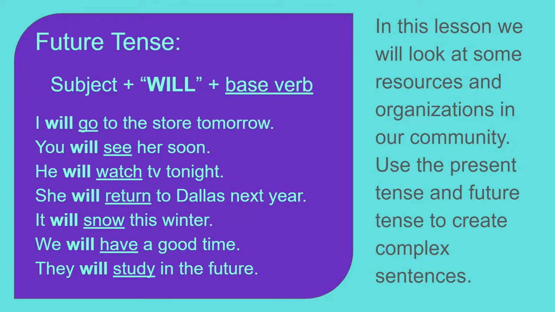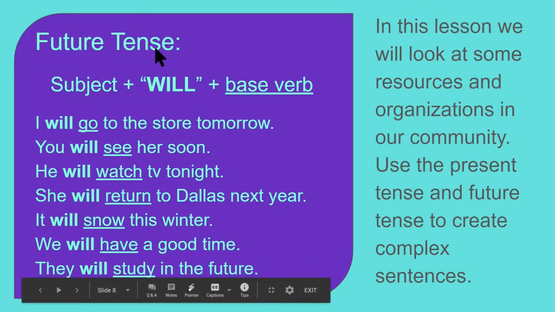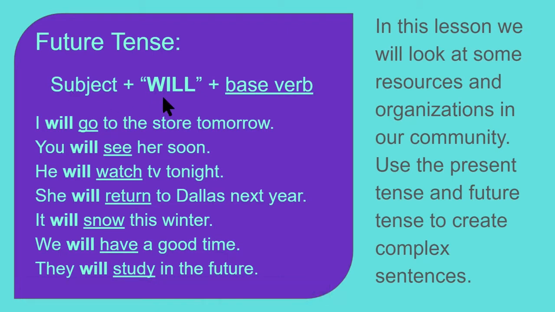All right. So for the future tense, we'd have our subject plus the helping verb will plus our base verb, right? So I will go to the store tomorrow. You will see her soon. He will watch TV, right?